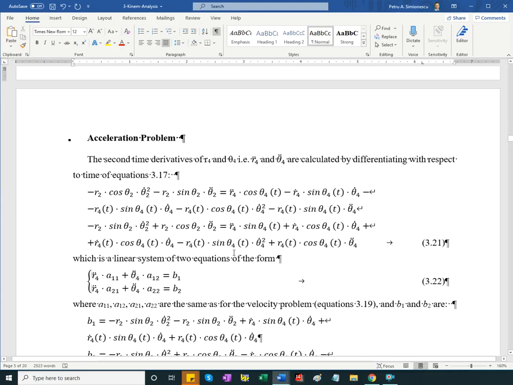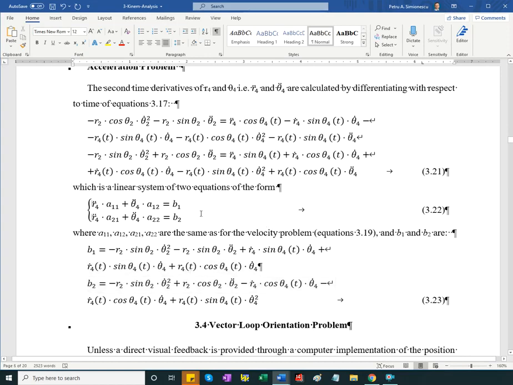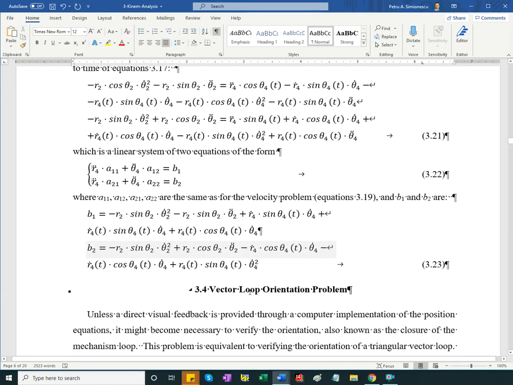Okay, for acceleration, we take the time derivative of the velocity problem, and we get a similar set of equations. Coincidentally, A11, A12, A21, A22 are the same as for velocities. What changes are the free terms B1 and B2. And as you can see, they are a bit more involved, with some simplification possible if you have constant rotary input, that is theta 2 double dot being 0.